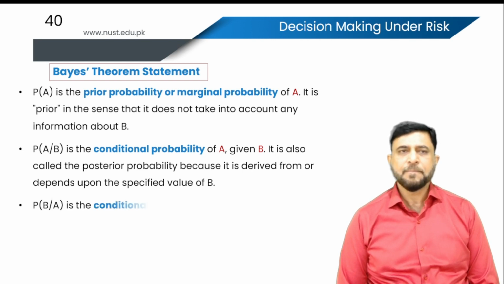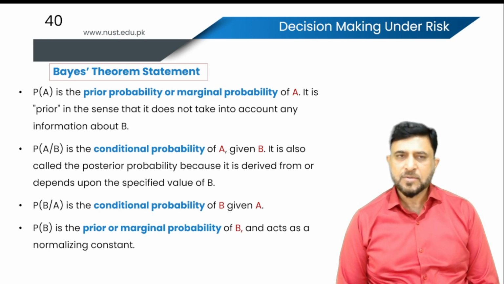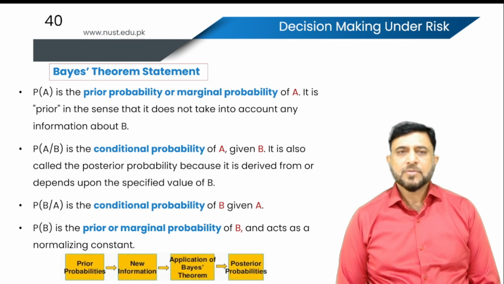of B. Then probability of B given A again is the conditional probability of B given A. And probability of B basically again is independent probability. It is the prior or marginal probability of B and acts as the normalizing constant. So this is basically the method of Bayes' theorem.